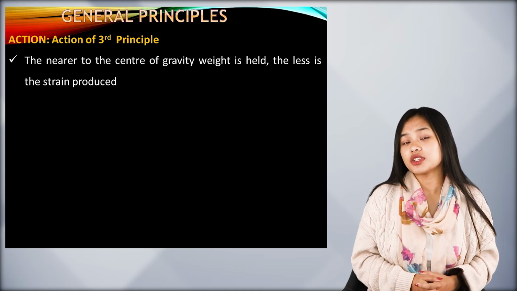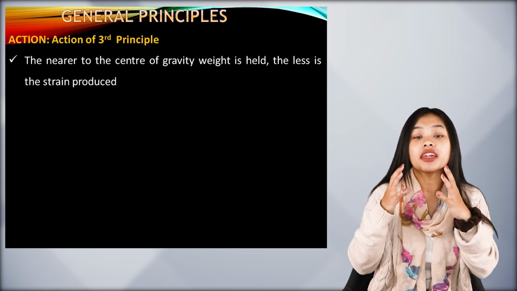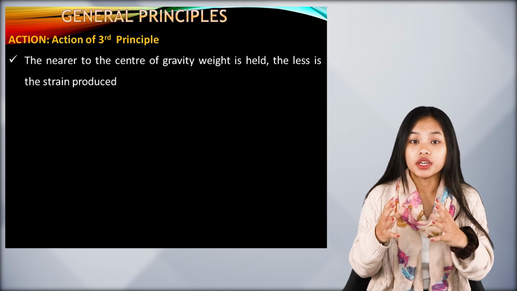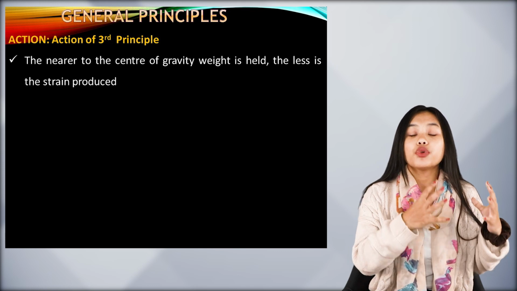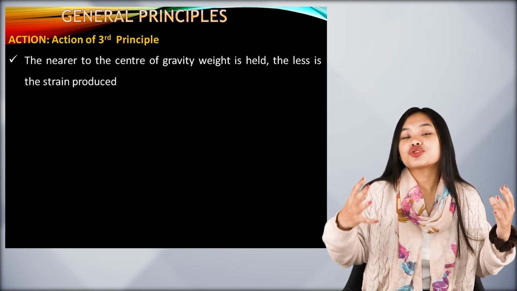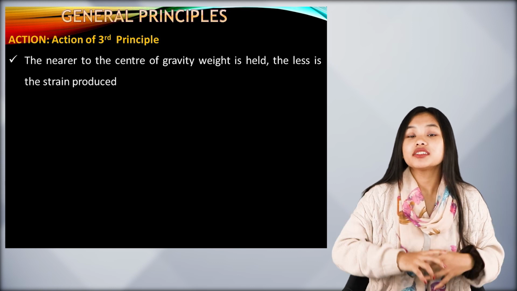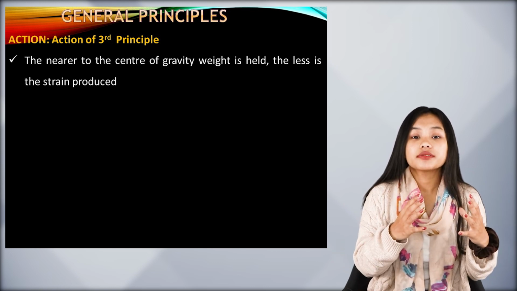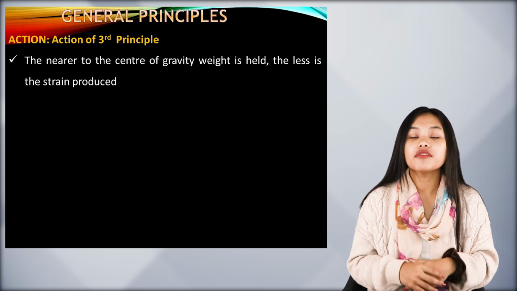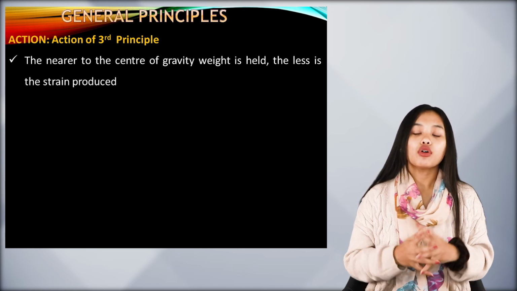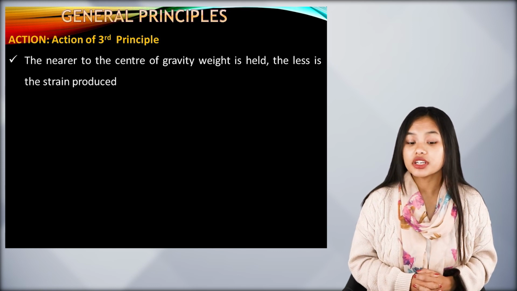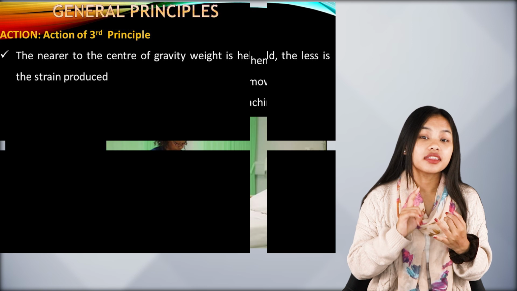So here the stability of the body is assured by keeping its center of gravity over the base. The nearer the weight is held to the center of gravity, the less strain will be produced. While tucking the sheet under the mattress, flexing is usually done by the knees and the hips.